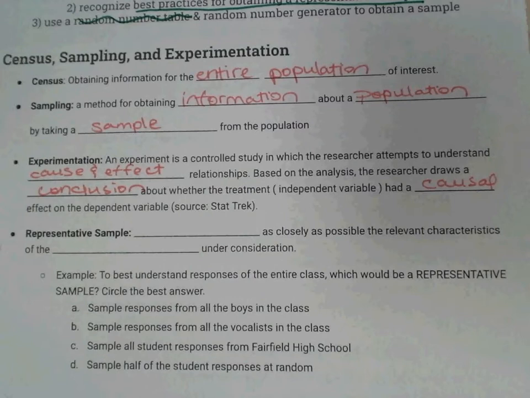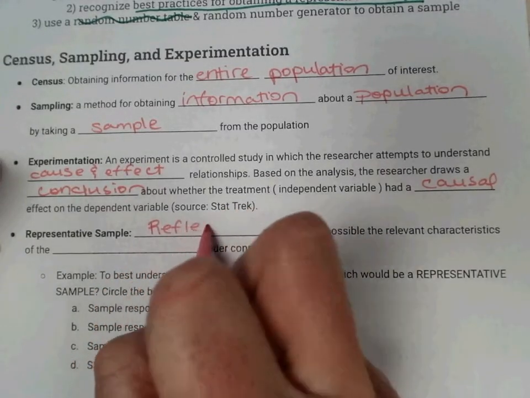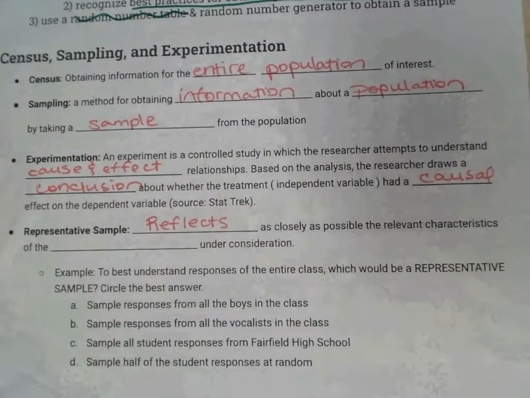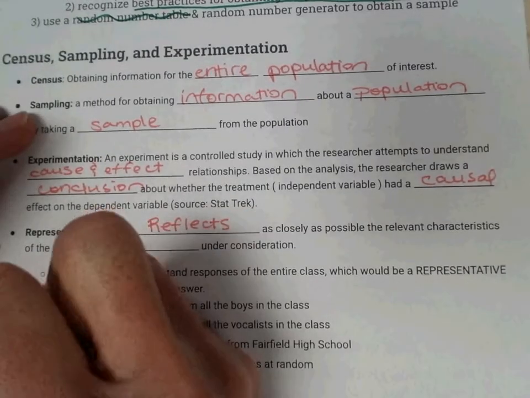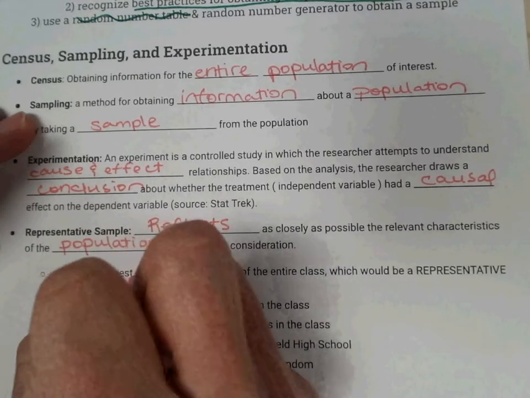So then the last piece here is representative sample, and that is when you have a sample that reflects as closely as possible the relevant characteristics of the population under consideration.